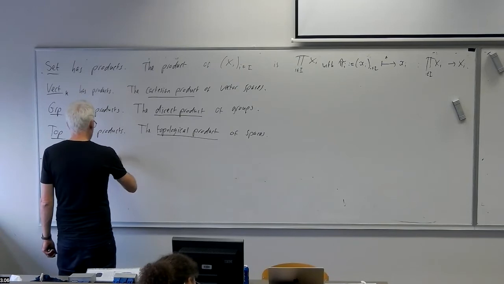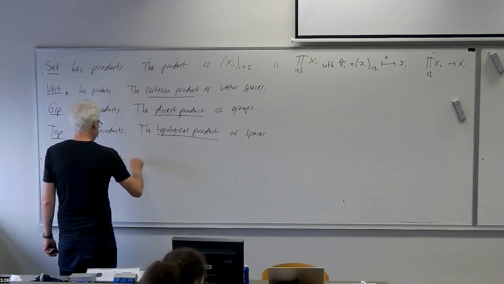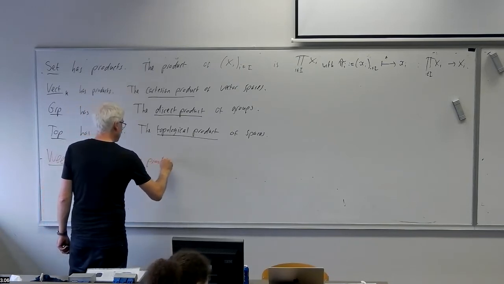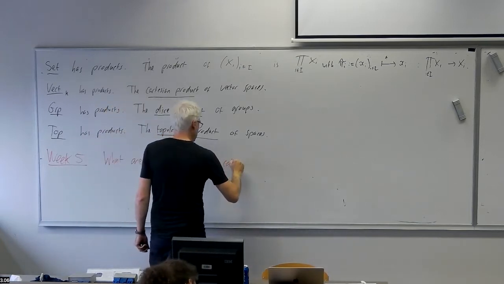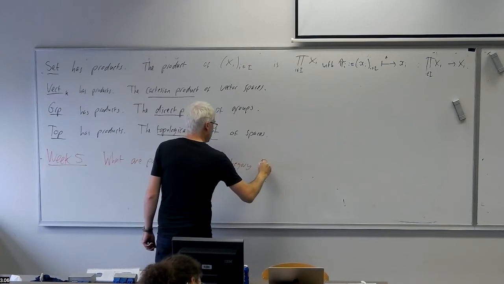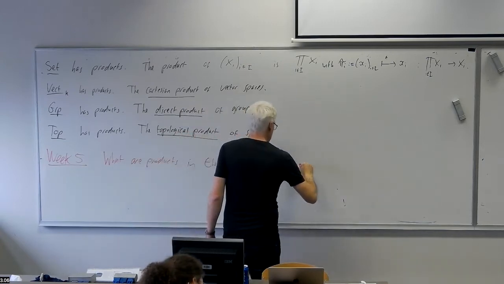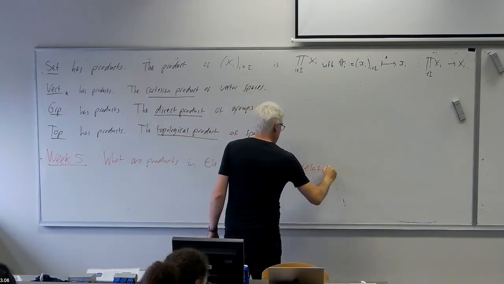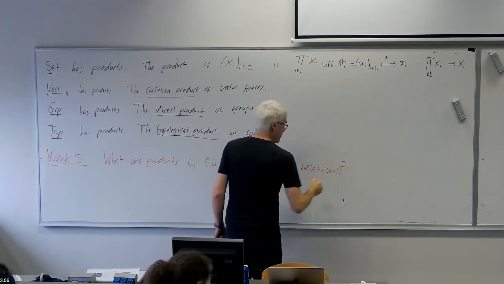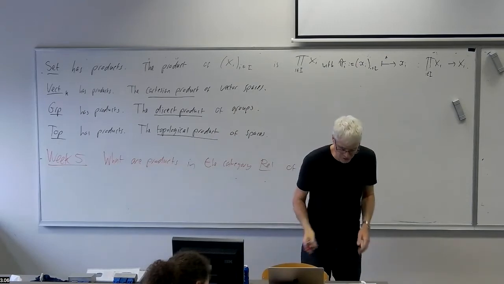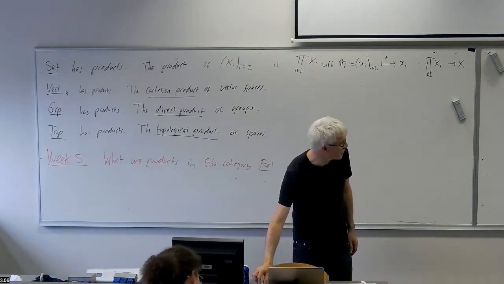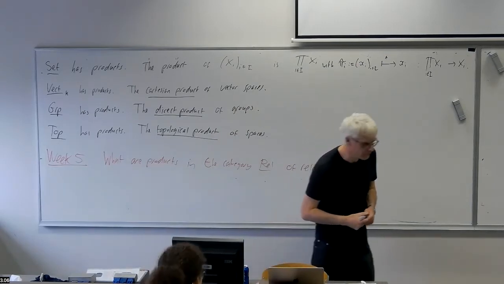So the question is, what are products in the category Rel of relations? They exist, but the point is to find a nice mathematical description of the products in the category Rel of relations.